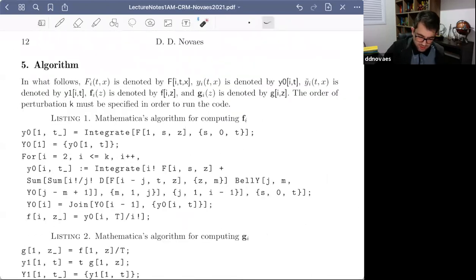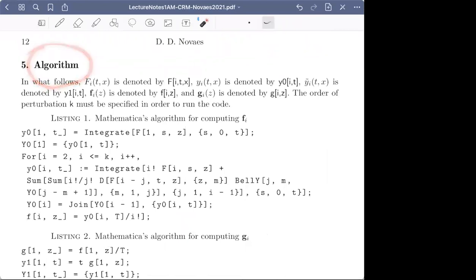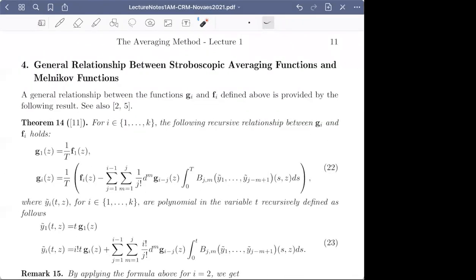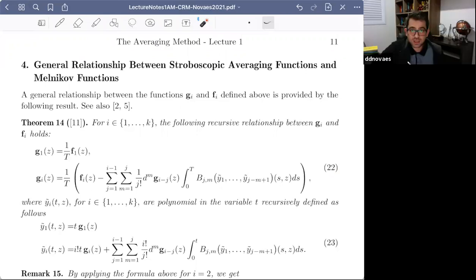Sorry, Douglas. Before you present the algorithm, I have two questions. In Formula 22, the natural way to write the G's is directly as a function of the F's. It's easy to do the transformations directly, or maybe the recursive object will be very strange to write in Formula 22 directly in F. But how can we do that?